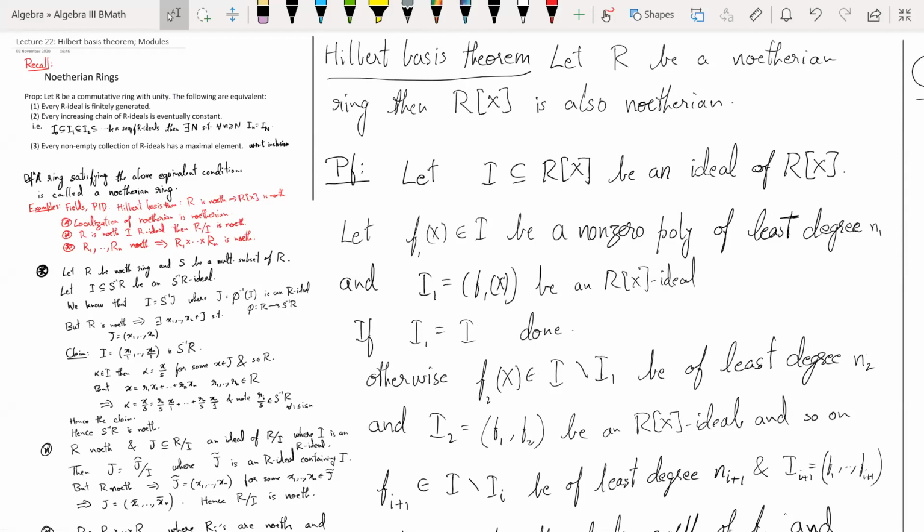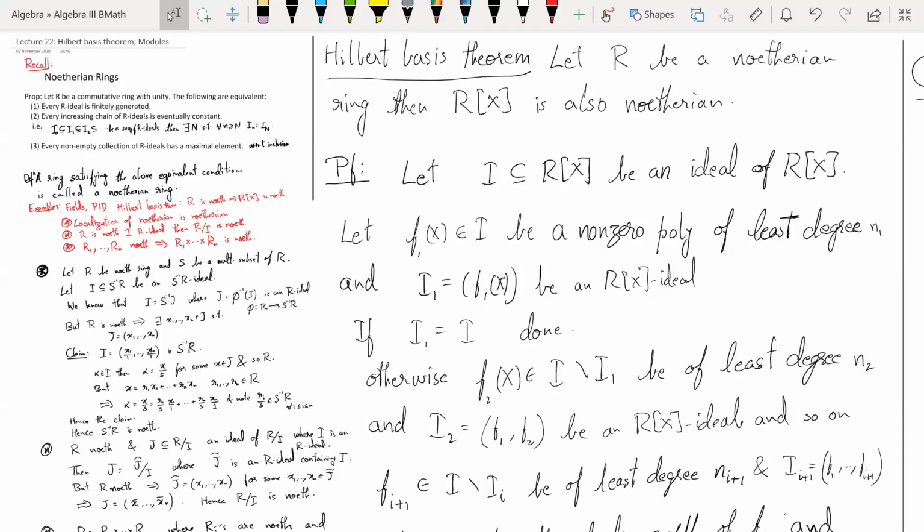So let R be a Noetherian ring, then R[x] is also Noetherian. What we'll do is take an ideal in R[x] and show that the ideal is finitely generated. If you are given an ideal in R[x] and you want to find a generating set, you try the natural thing: you start with a polynomial of least degree.